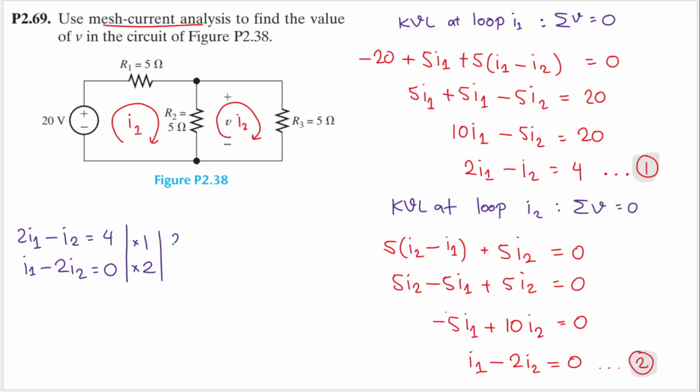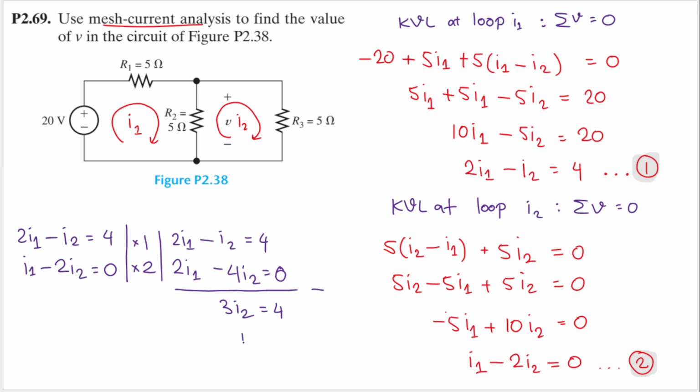Okay. And we will have 2I1 minus I2 equal to 4, and we will have 2I1 minus 4I2 equal to 0. Okay, let's subtract this, and minus 1 plus 4 will be 3I2, and that will equal 4.